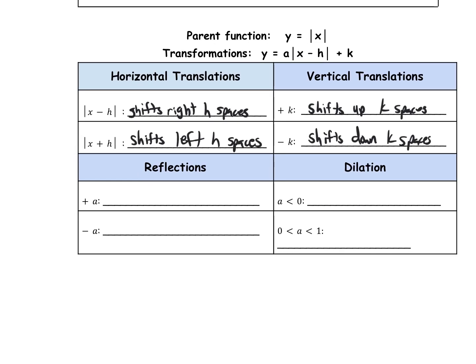Reflections, just like always: if a is positive, that's going to be no reflection. If it's minus a, then we're going to reflect across the x-axis.